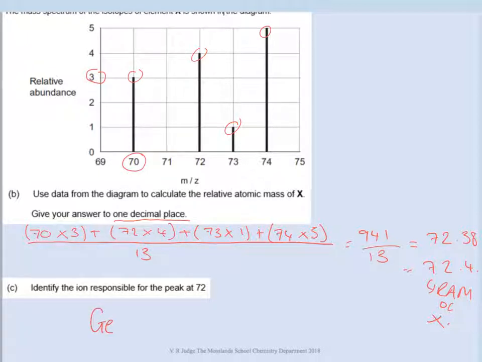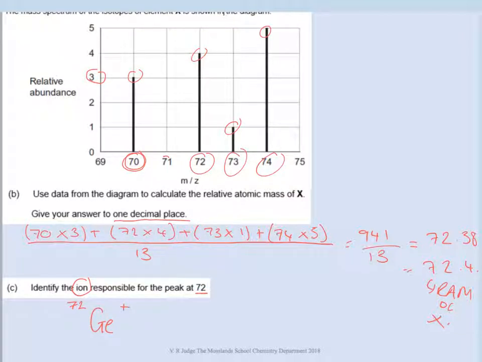We know that it's an ion, and we know that it's travelled through with a 1+ charge, so it does need the 1+ charge. And we know it's an isotope of germanium because each of those peaks, these ones, are isotopes. So we want to specify which isotope it is, and it's given in the question. It's the 72 isotope.